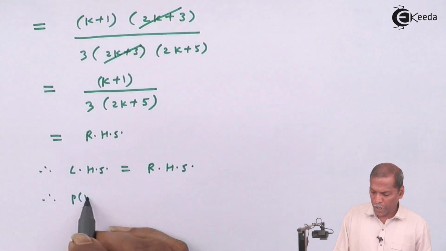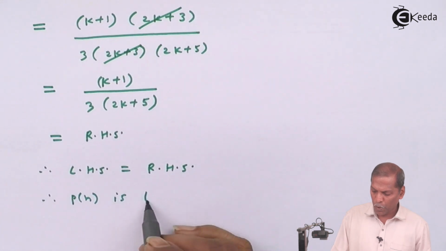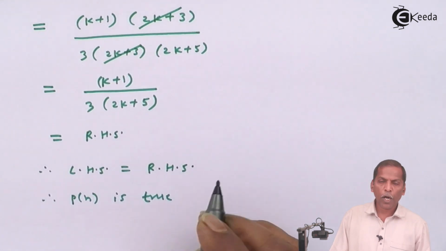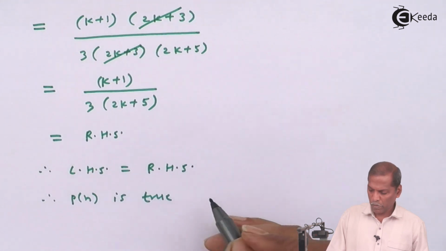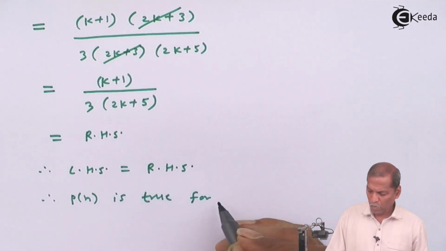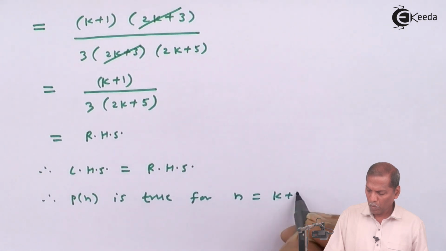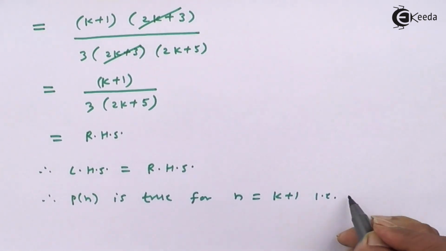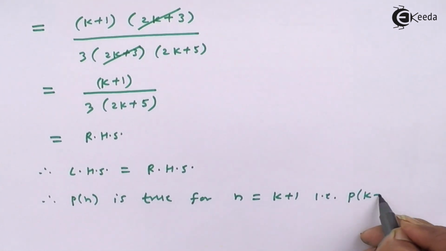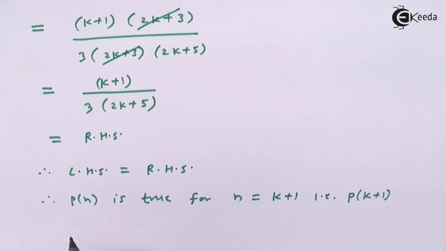Therefore the statement P(n) is true for n equal to k plus 1, that is, P(k plus 1) is true.